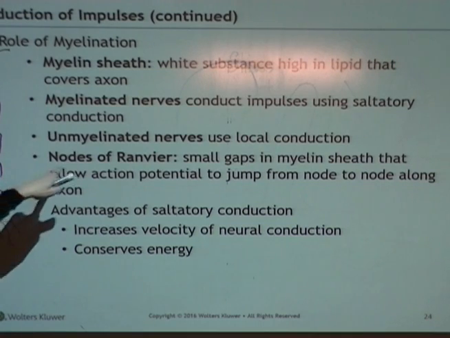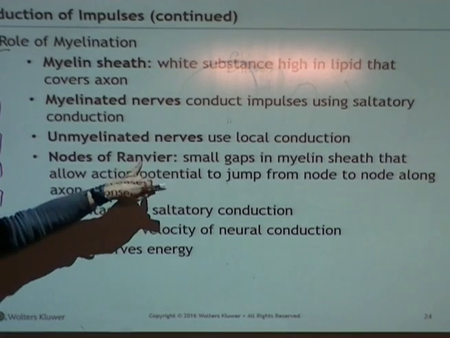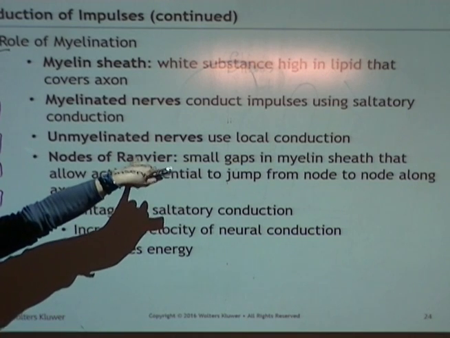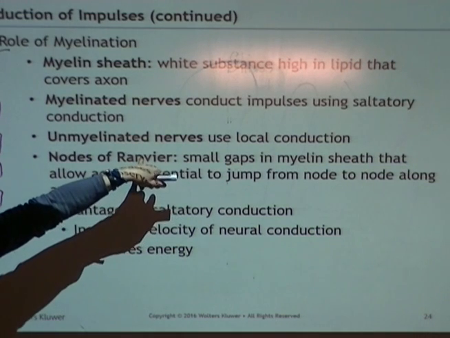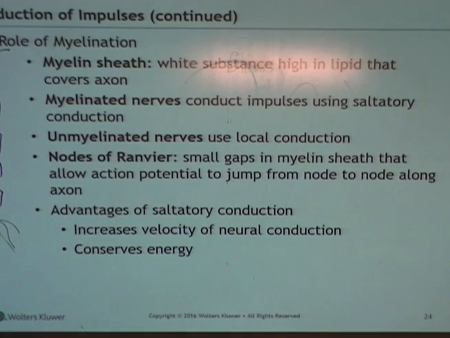The gaps are called the nodes of Ranvier because Ranvier was the researcher who found them a long time ago, like in the 1800s or something, maybe even earlier. History of biology is not my thing. But what they allow for is that because the fatty substance can't transmit the electrical signal, now, instead of having to stimulate every single piece of the axon, the signal can jump.